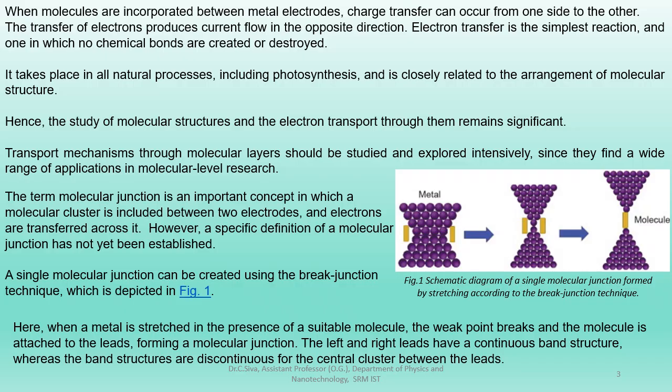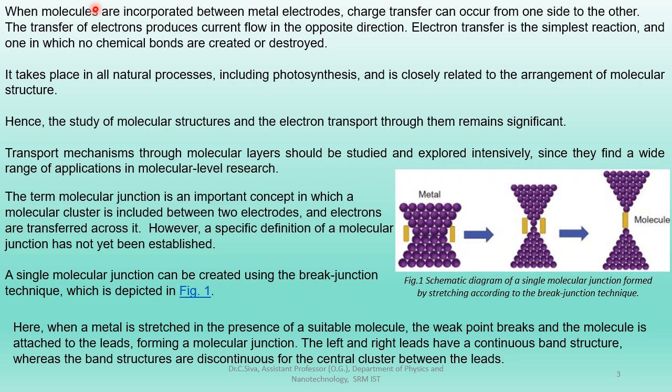A common way to form a single molecular junction is the break junction method, where a metal wire is stretched until it breaks at a weak point, while molecules attach between the separated ends.